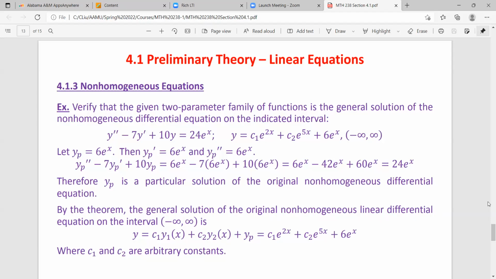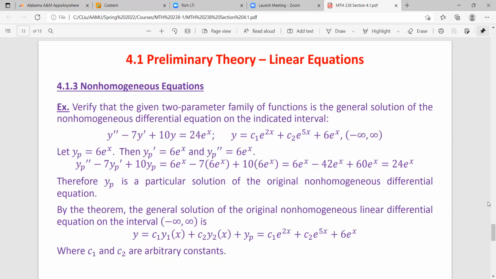So that essentially tells you that e to 2x and e to 5x are both solutions to the associated homogeneous equation. And then you can easily check the Wronskian of those two functions, e to 2x and e to the 5x, and you'll find out that the Wronskian will never be 0.